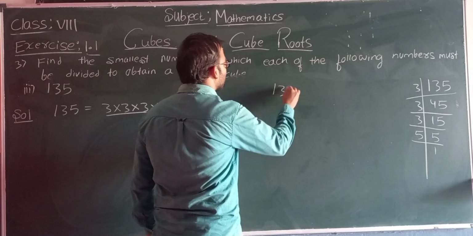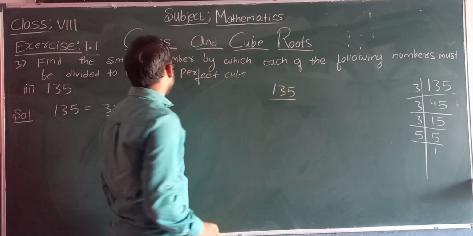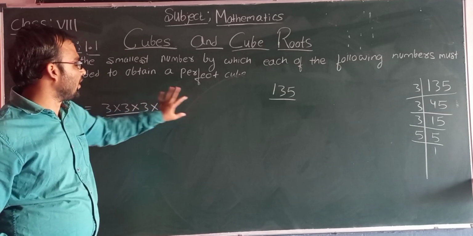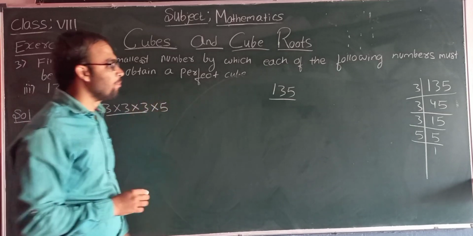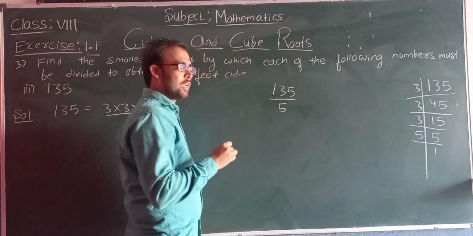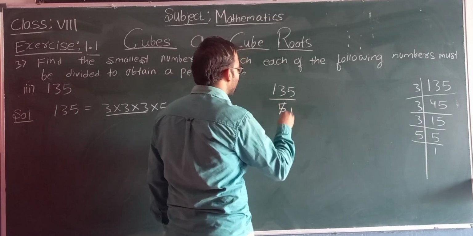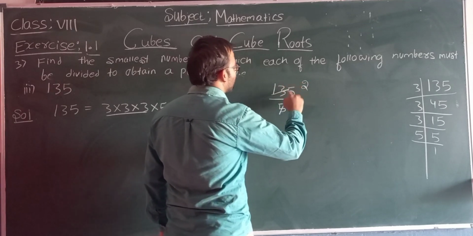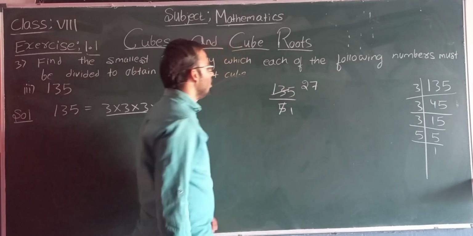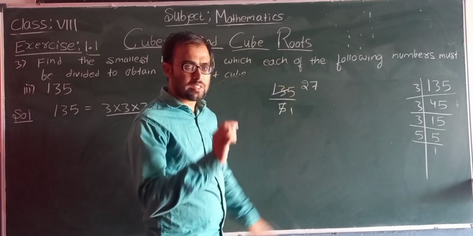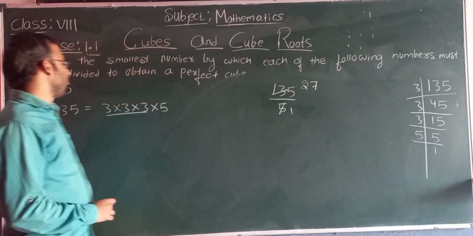For example, look at here, students. 135. Here 5 is not in a group of 3, no? As only one 5 is remaining, this number must be divided by 5 to get a perfect cube. 5 1s are 5, 5 2s are 10, 3 remaining, it becomes 35, 5 7s are 35. So when we divide 135 by 5, we are getting 27. 27 is a perfect cube, no?